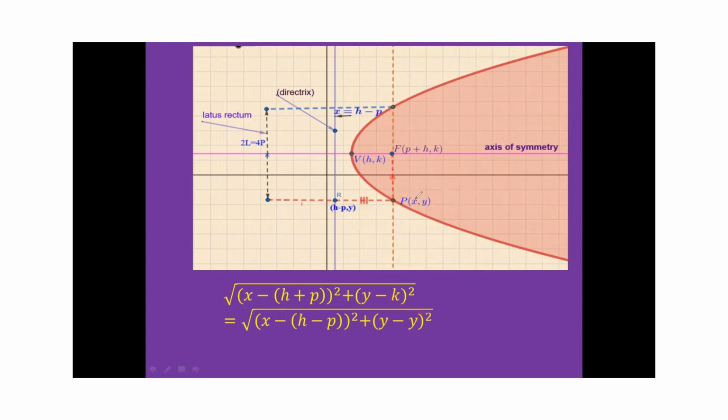Remember that the distance from a point P on a parabola to the directrix is the shortest distance, which is perpendicular to the directrix. Here the value of y is constant.